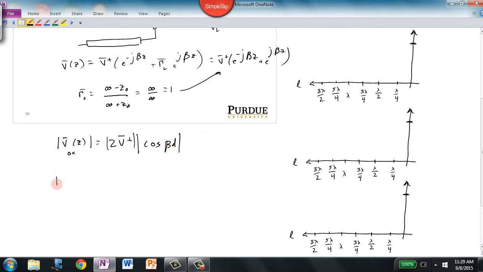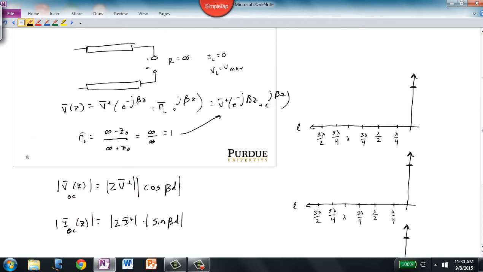And something pretty similar looking holds for the open circuit current as a function of length. The magnitude of that is equal to 2 times I bar plus times the magnitude of sine of beta d. Again, we're just plotting magnitudes here. That's not the actual value of the voltage or current, it's just the magnitude of it.